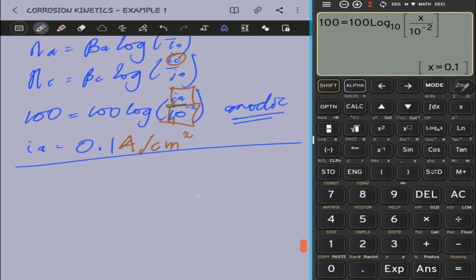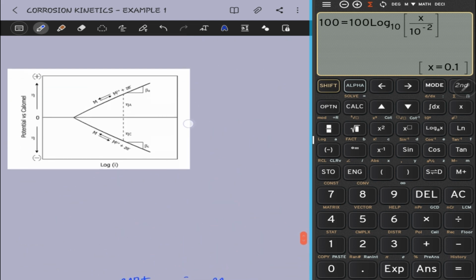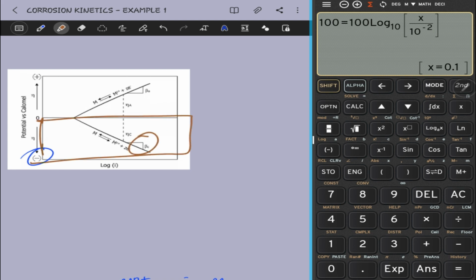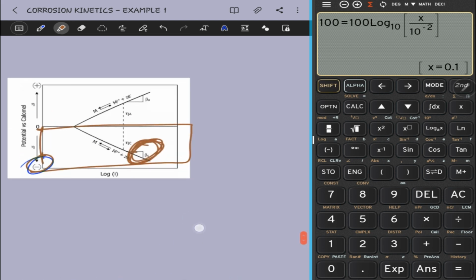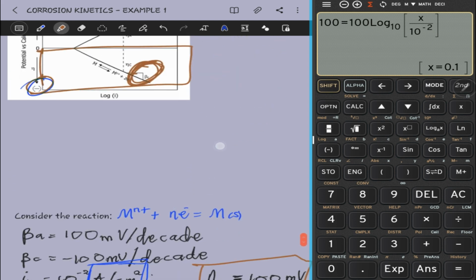Cathodic. The overpotential is 100 as well. But when we were doing this, we said the overpotential for this is negative. This is for the cathodic side, and it is negative because the slope, the b, is negative. We saw the formula for that one, that it has this negative here, and that's what makes the overpotential negative.